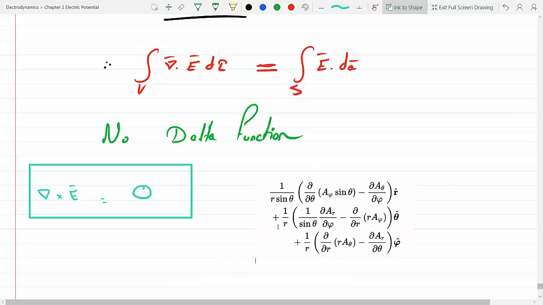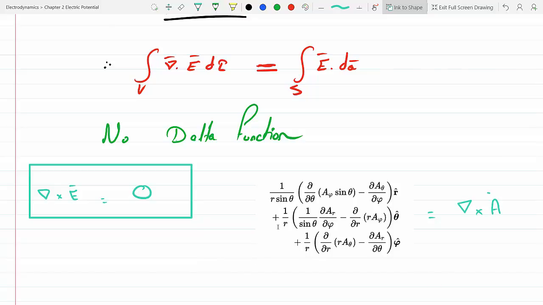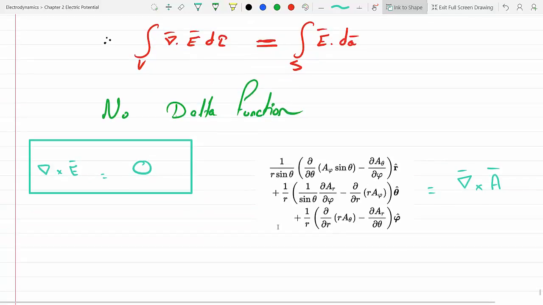So this is our curl in spherical coordinates for an A in general, with A here being the electric field. I'm not sure if they're counting the theta and the phi backwards, because the math people use theta and phi interchangeably, but nonetheless, we know that there's no change in theta, so this goes away. There's no change in phi, so this goes away. So the whole r component is 0.